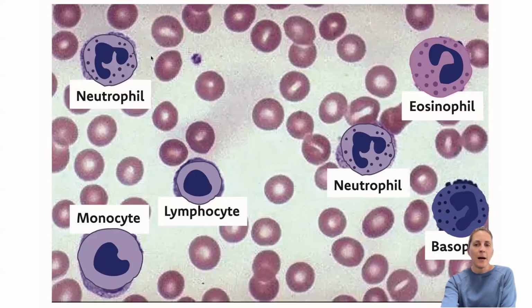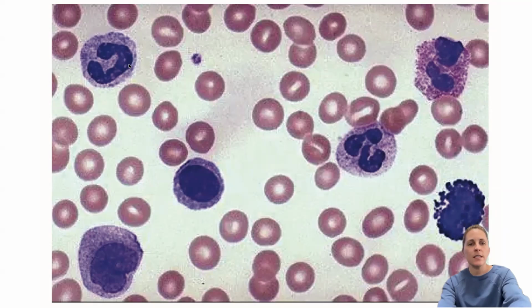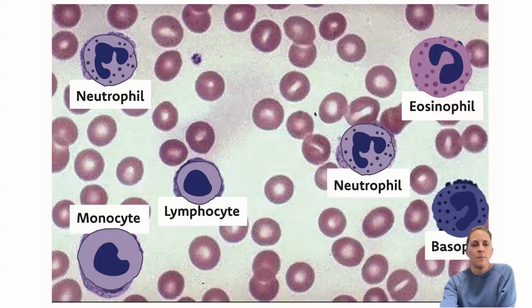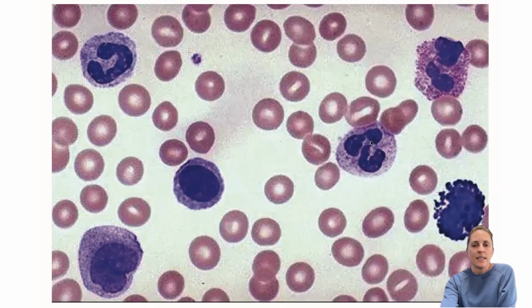And so what those cells look like is right here we have a neutrophil, and right here we have a neutrophil. You can see that the nucleus, which is this funny shaped thing in here, this is where the DNA for the cell is, are very uniquely shaped, right? And they stain similar. These are neutrophils.